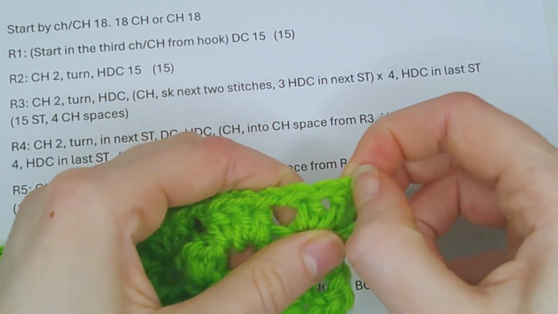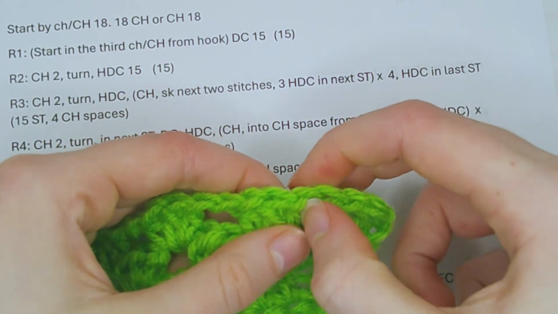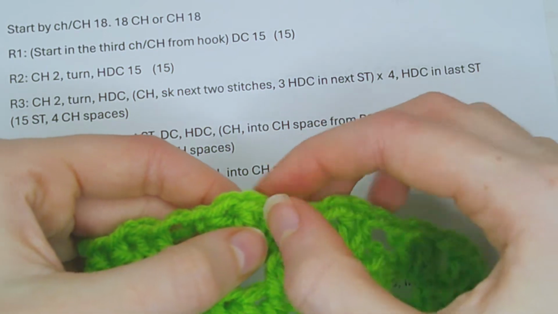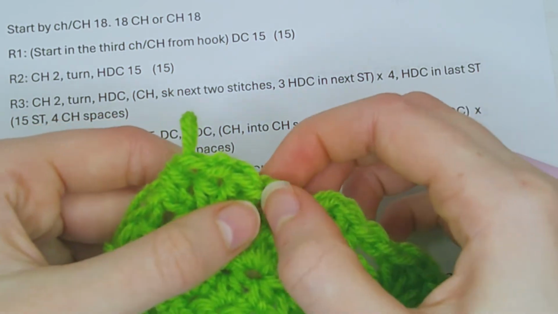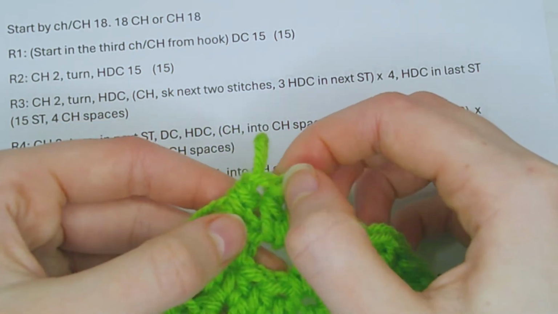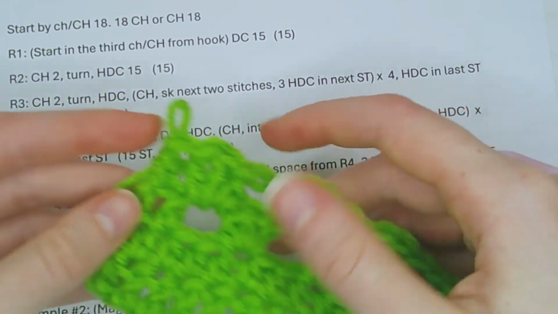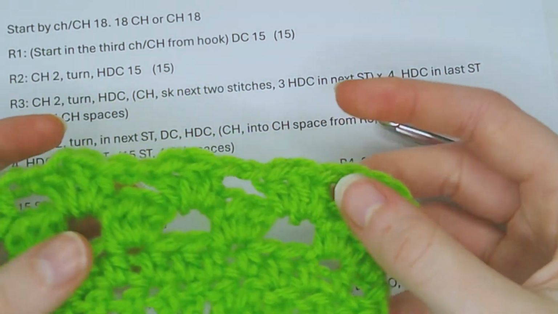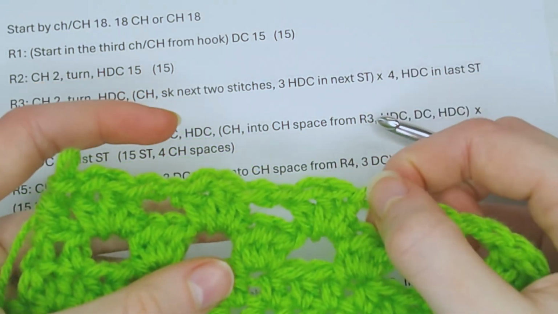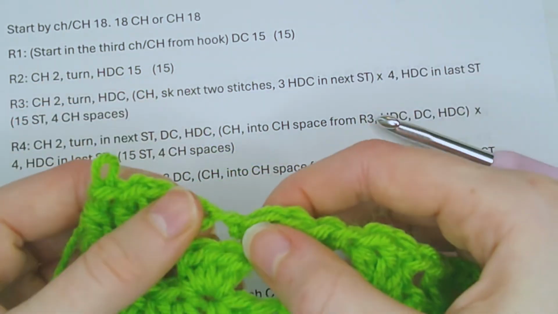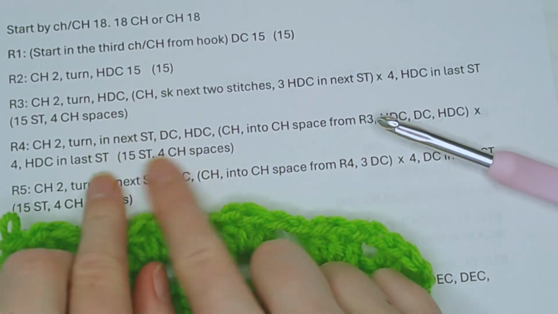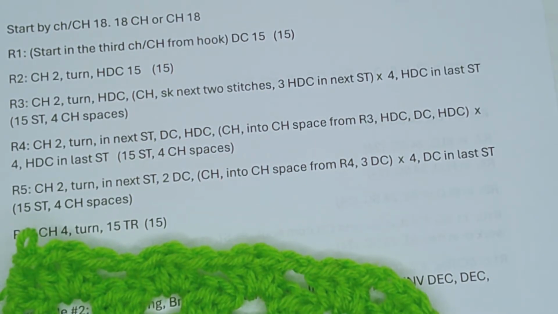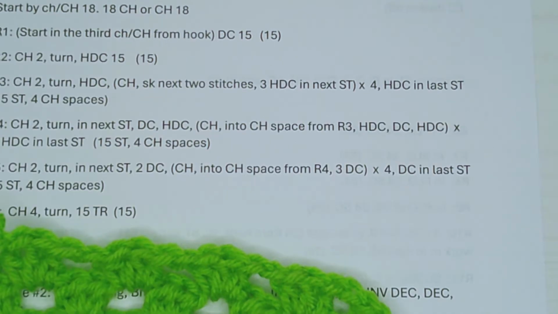So if you were to count, we'd say 1, 2, 3, 4, 5, 6, 7, 8, 9, 10, 11, 12, 13, 14, and 15. So we have 15 stitches there. And then it says 4 chain spaces. So we have 1 chain space, 2 chain space, 3 chain space, 4 chain space. So altogether we have 15 stitches in 4 chain spaces. So that's row 4. Excuse me, I keep getting mixed up.